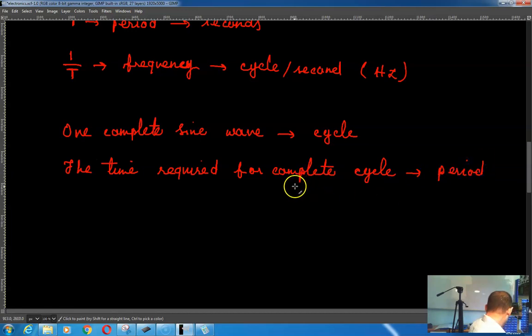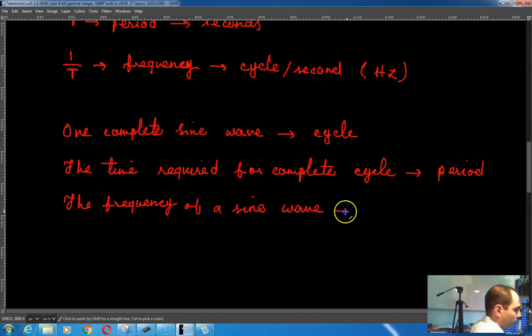right? And then the frequency of a sine wave would be the reciprocal of the period, right?